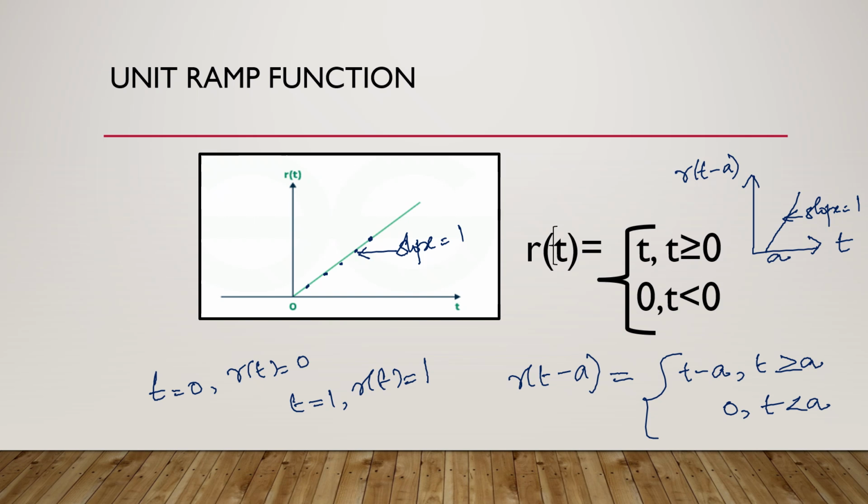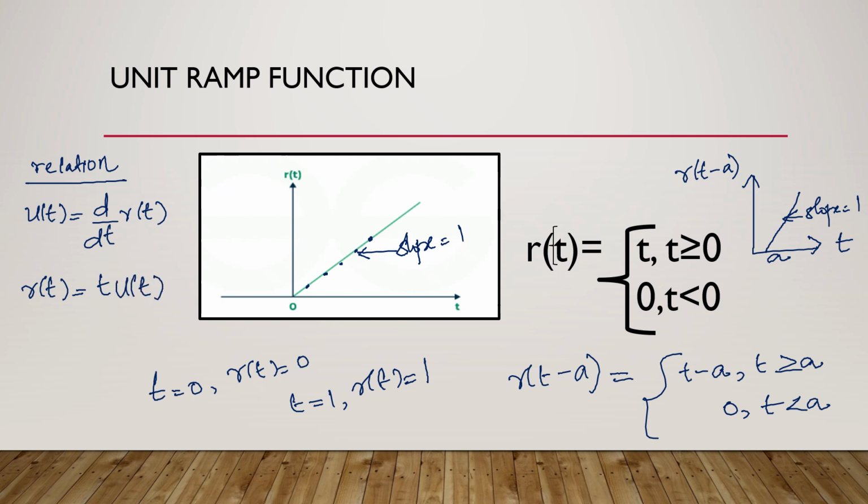Now from this we come to the relation between the unit ramp signal and the unit step signal. We get the unit step signal u of t by differentiating the ramp signal, or else if you want to get r of t, you can multiply t into u of t.